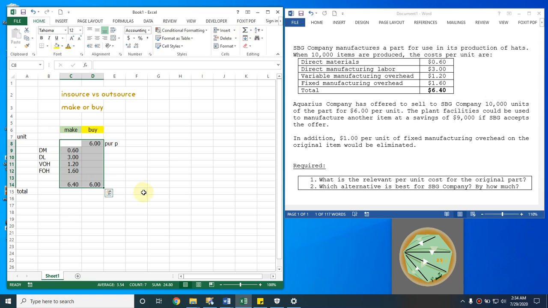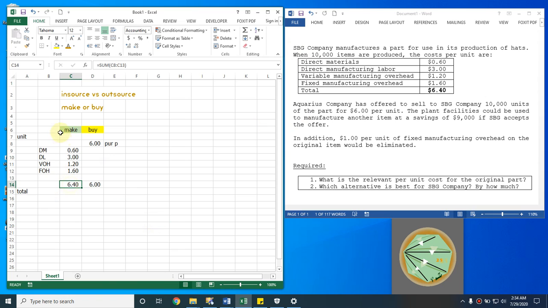Just having the figures that we have initially compared when we initially assessed the situation of the company. So we have 6.4 for the make option and $6 for the buy option.